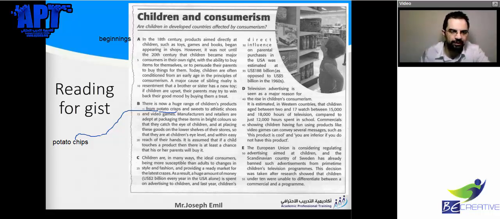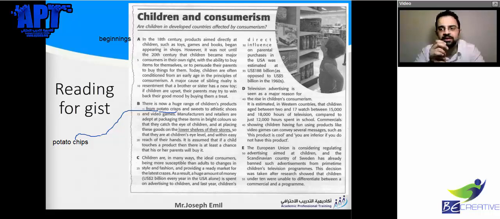So if you remember, this could be the answer to one of the questions here. Lower shelves, so that they're at children's eye level and within easy reach of their hands.